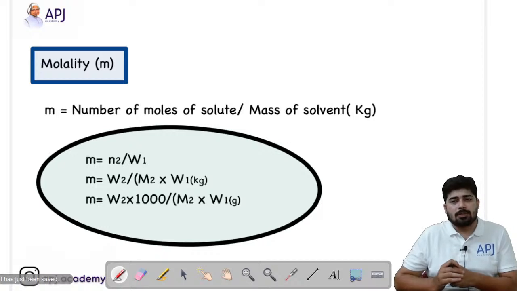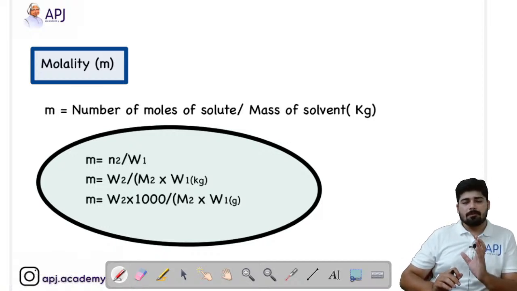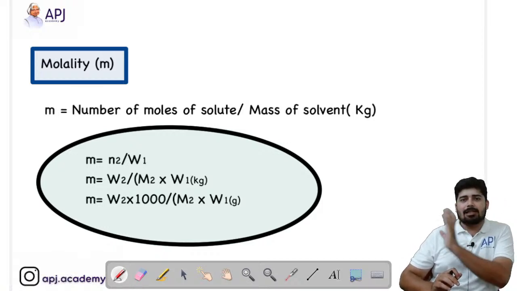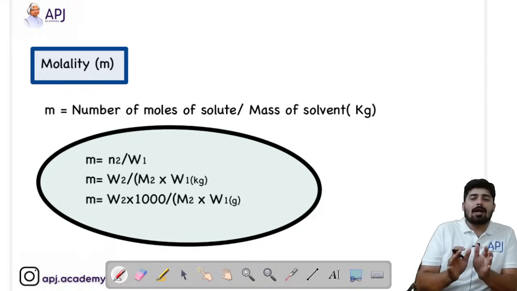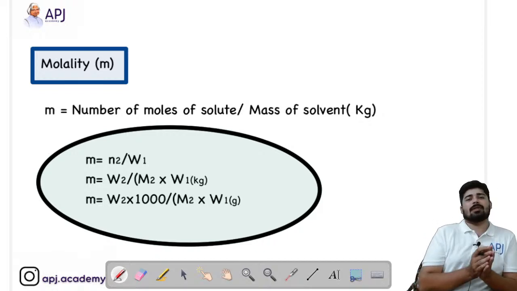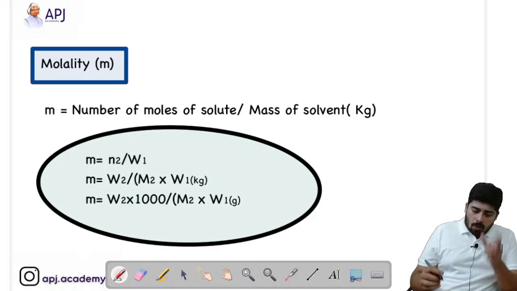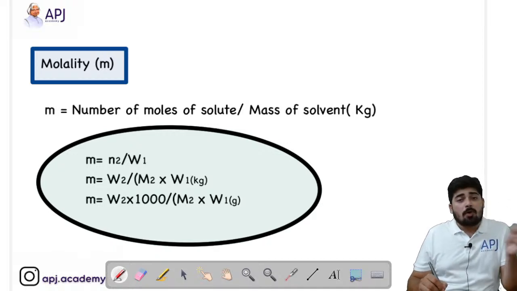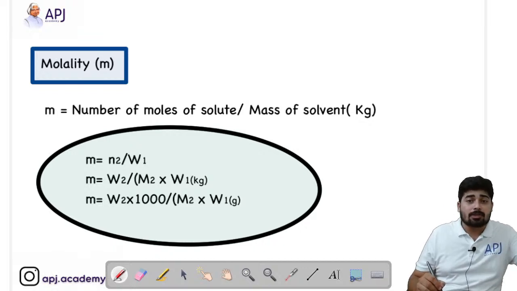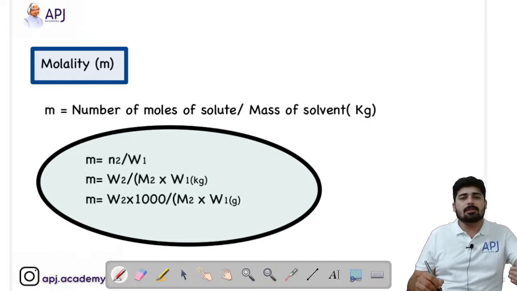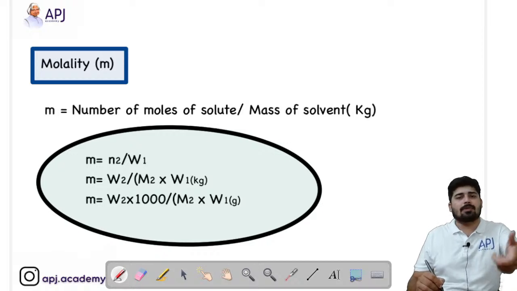Now the second one is molality. Dear students, from each concentration term, you have to understand the difference between these two. Now what about molality? I have told you all the concentration terms are used in the case of solutions. A solution consists of solute as well as solvent.